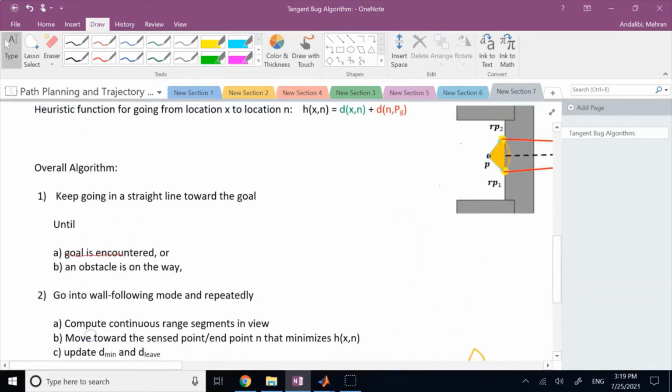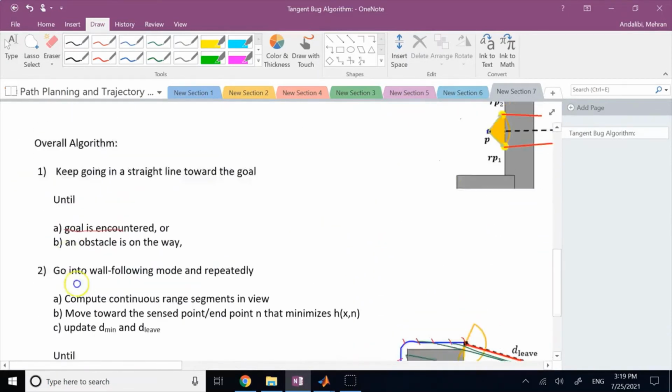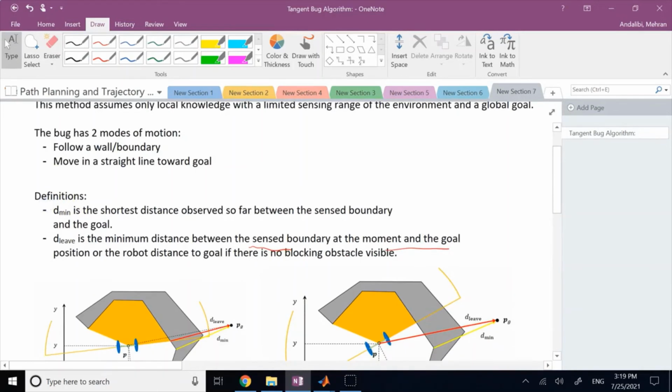What is d leave? There are two definitions for the leave. One is the minimum distance between the sensed boundary at the moment and the goal. So if you remember, d-min was whatever you had so far, and this is what you have at the moment.